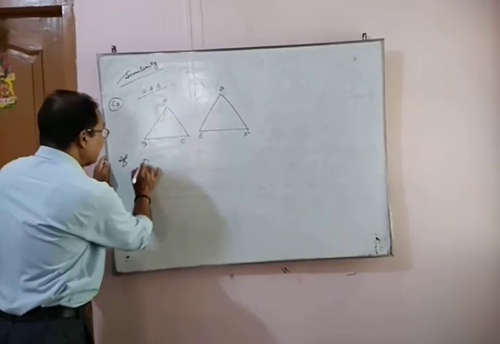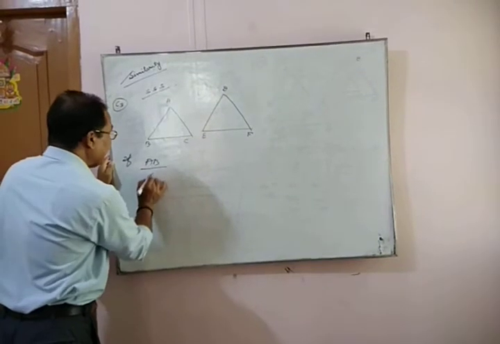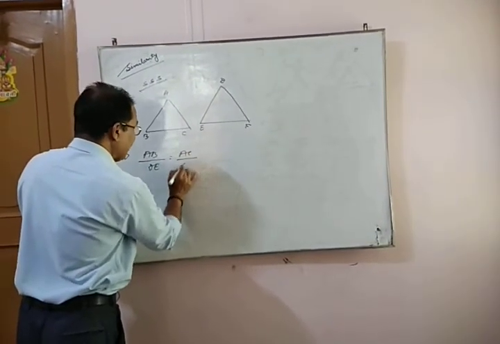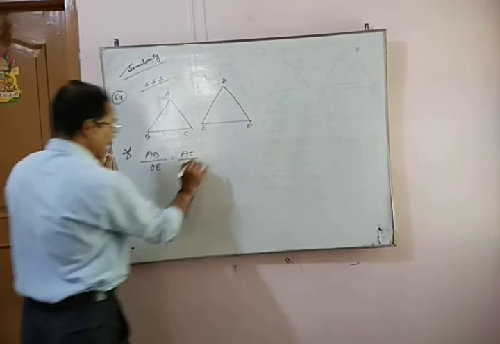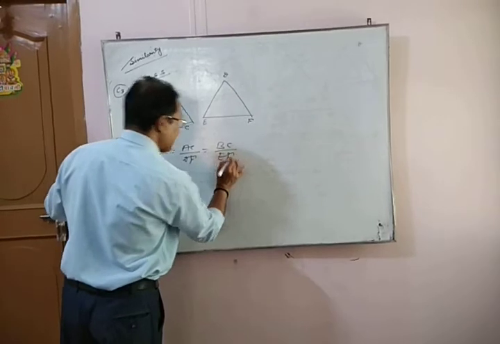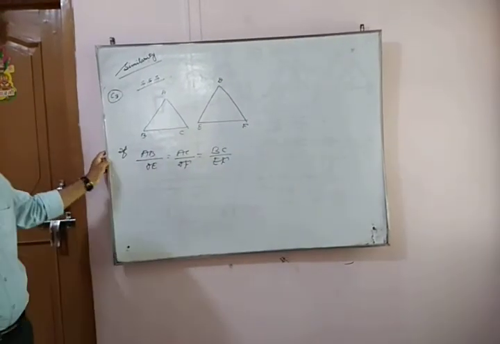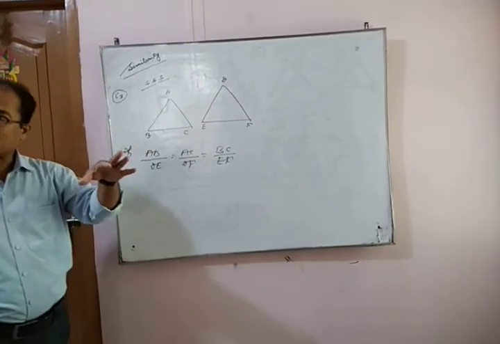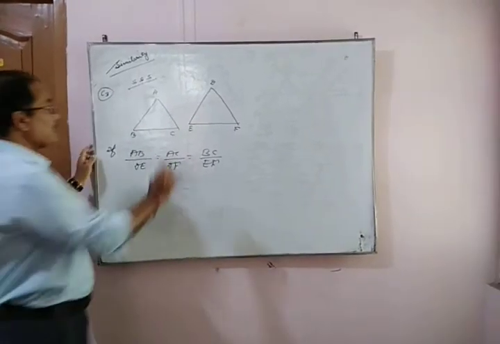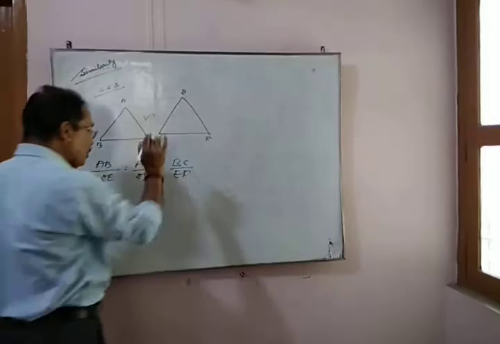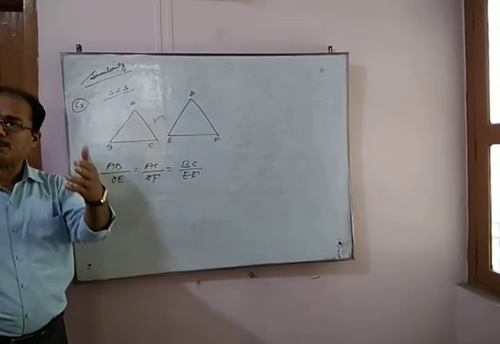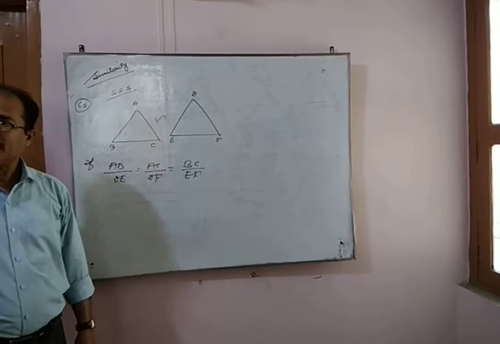That is, if AB by DE equals AC by DF equals BC by EF. So if a question follows this particular criterion, then you can prove it similar.